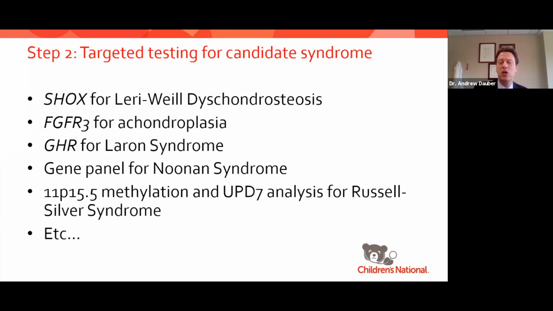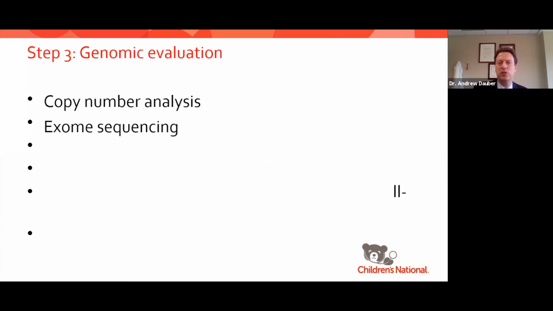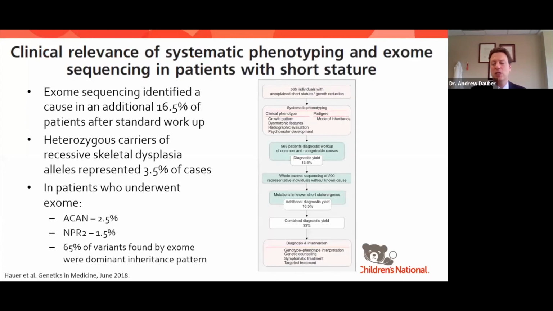However, if there's no candidate, but they just have unexplained short stature, this is where doing a larger genomic evaluation, like a chromosomal microarray or exome sequencing, can be helpful. And just to show you some evidence for that, this was a well-done study from Hauer et al., published in 2018.